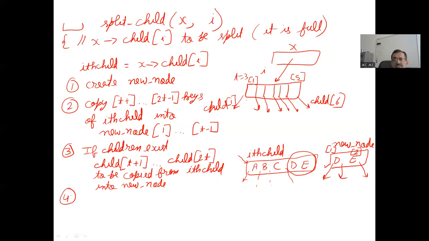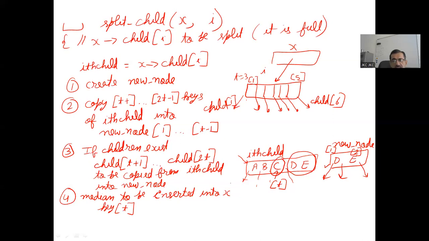Then the next step will obviously be the median to be inserted into X. So median means effectively in the ith child, the key T, because T is 3, so this is guaranteedly this index.